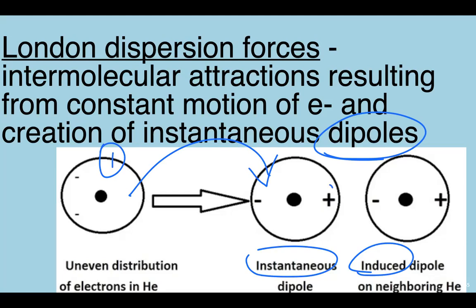Because you have this positive end of this helium atom, it actually attracts the electrons from a second helium atom. And that's why it's called induced dipole, because this dipole caused the neighboring helium atom to become negative on that side, if that makes sense.